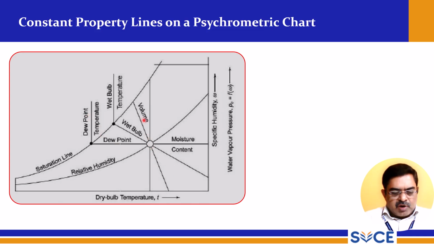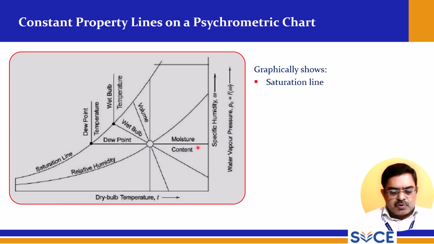This is the specific volume, this is the constant dry bulb temperature line, and this is the constant specific humidity line. This point of intersection is between the dry bulb temperature and specific humidity. From here we can find graphically many parameters.